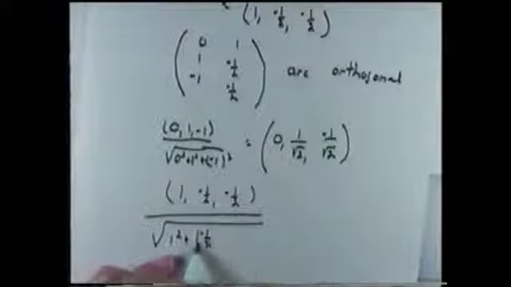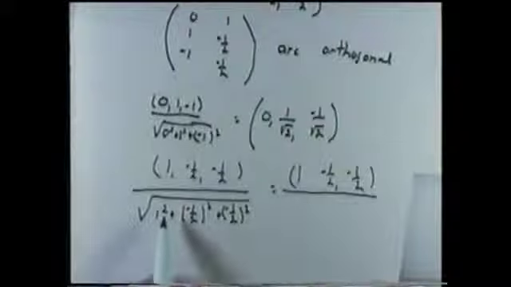Now I'll take (1, -1/2, -1/2) and divide by its length, which would be the square root of 1 squared plus (-1/2) squared plus (-1/2) squared. That is 1 plus 1/4 plus 1/4, which is 3/2. That would be the square root of 3/2, which is the square root of 6 over 2.